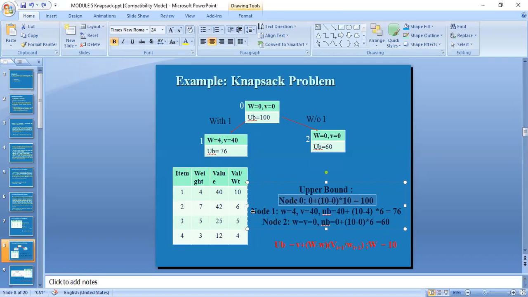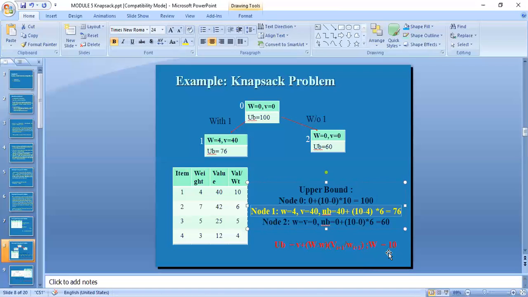You just calculate it. The upper bound value has to be calculated by taking W as 4, V as 40. The upper bound is 40 plus, what is the total capacity?